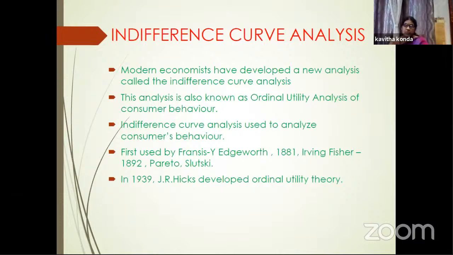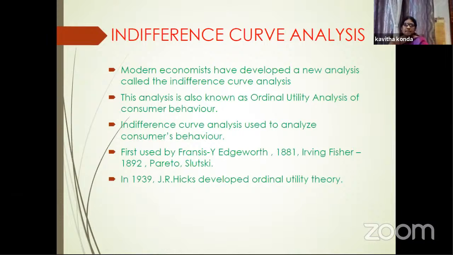And by using the indifference curves, we analyze the consumer's behavior, how the consumer behaves between these two goods, how he will be satisfied. Mostly this is used by the ordinal utility analysis. It was used by Francis Y. Edgeworth in 1881, Irving Fisher in 1892, and Pareto, Slutsky. All these economists used this law.